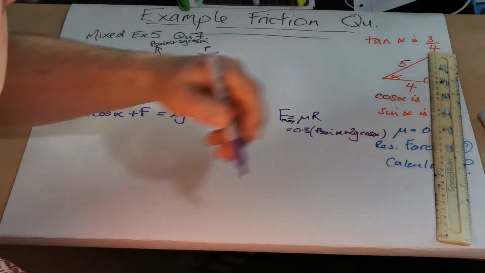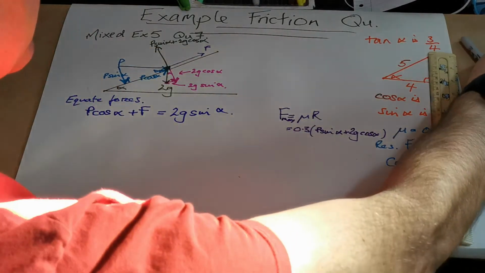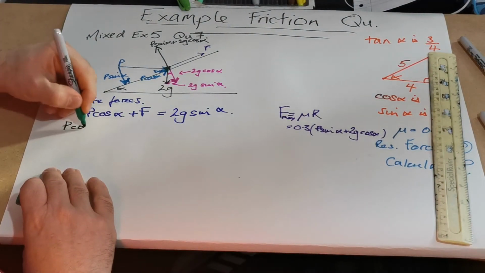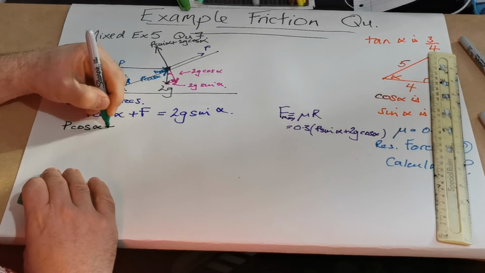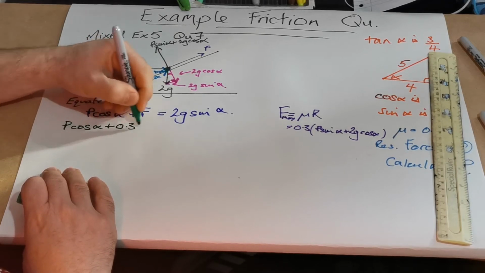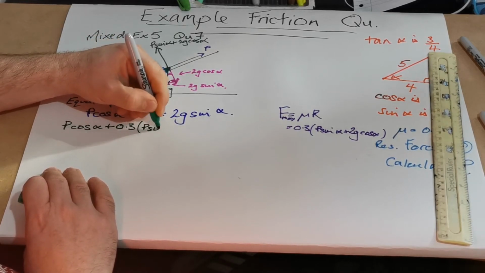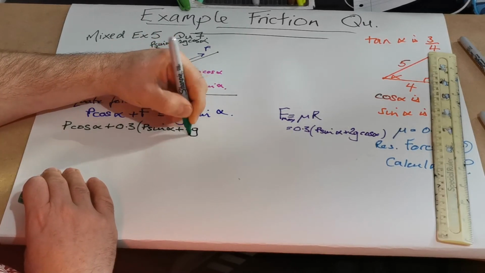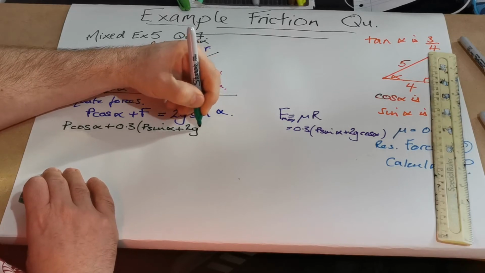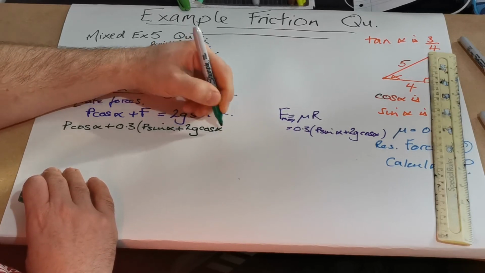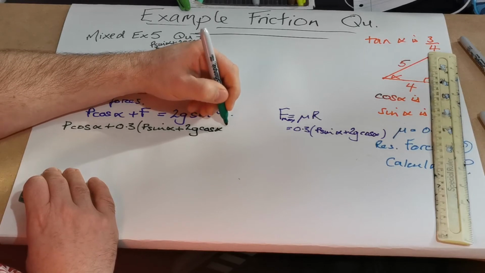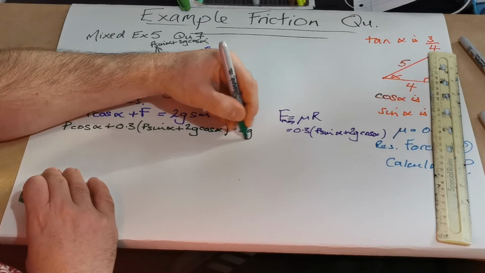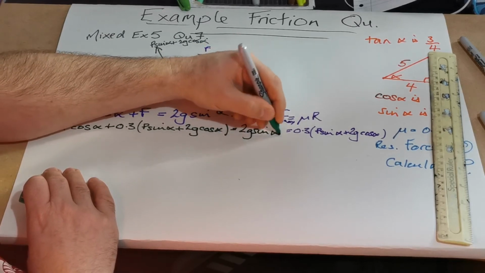So putting everything together over here, I've got P cos alpha plus 0.3 P sine alpha plus 2g cos alpha equals 2g sine alpha.